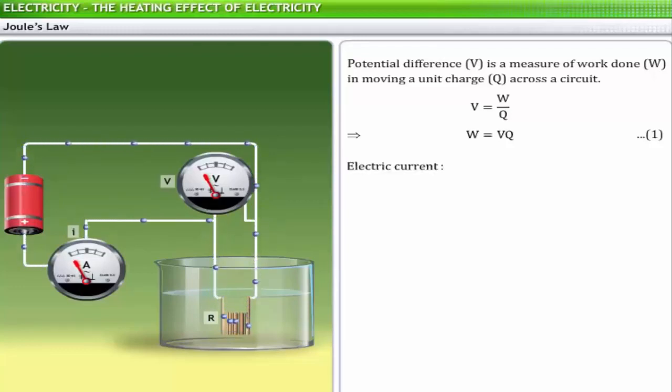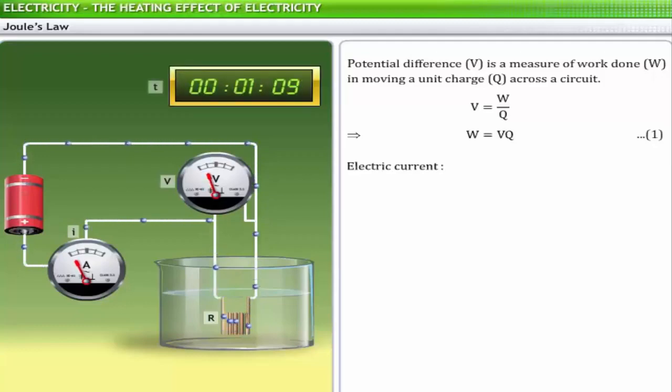The amount of electric charge passing through a circuit is the product of the electric current and the time of flow. From this, we get equation 2: I is equal to Q divided by t, or Q is equal to It.